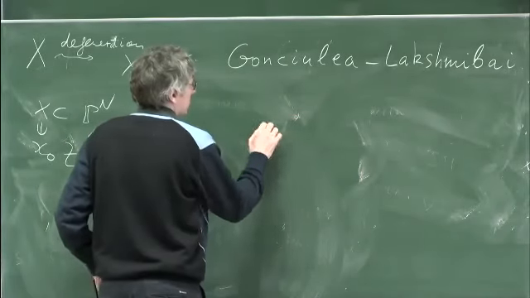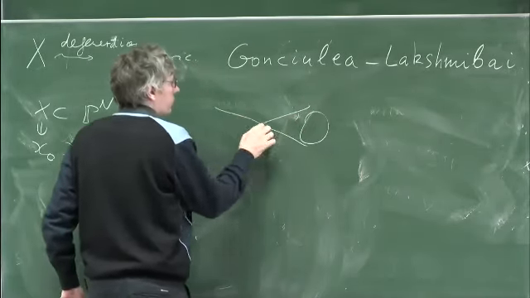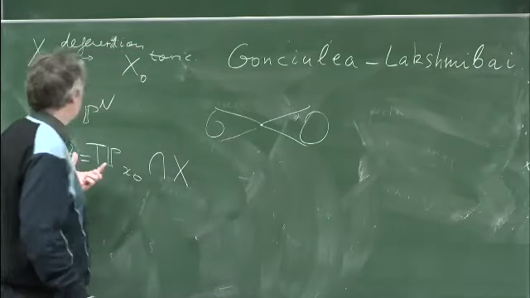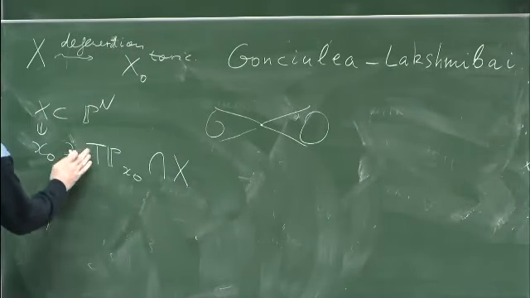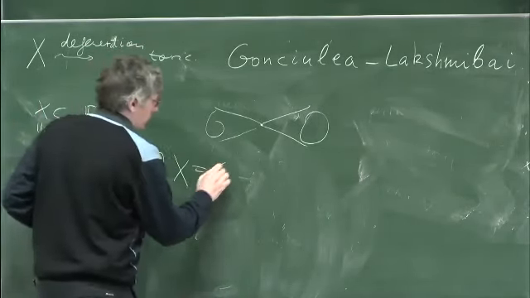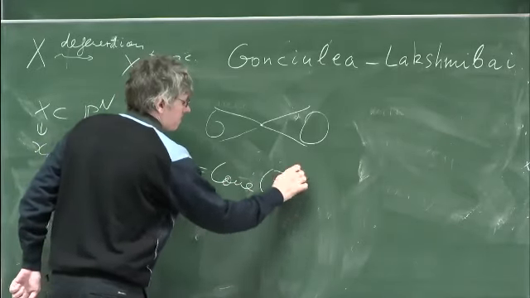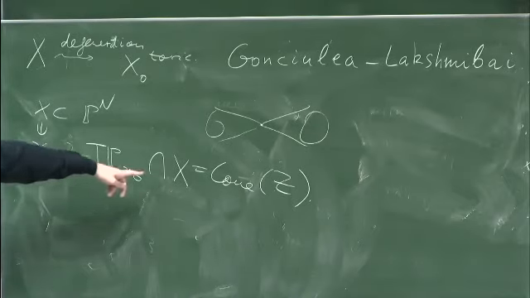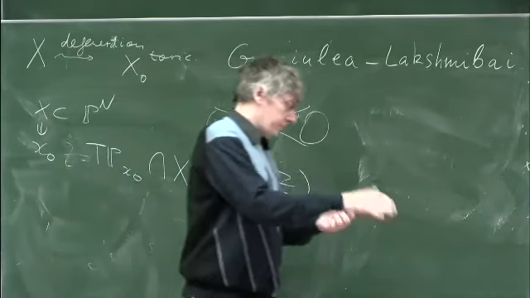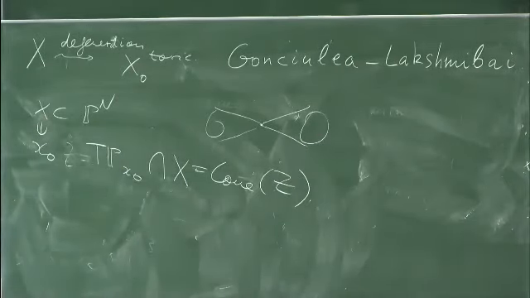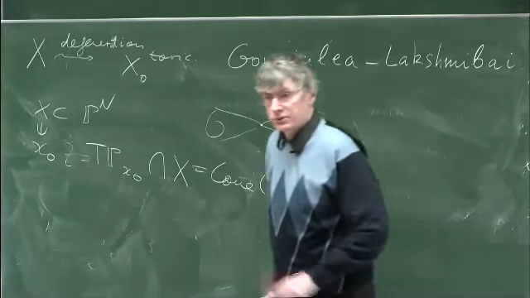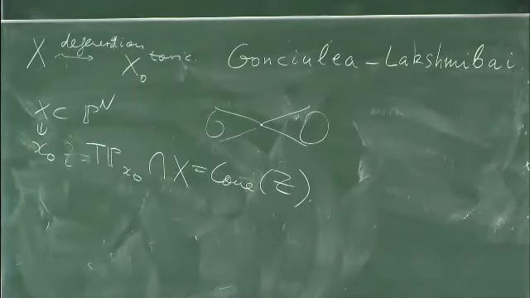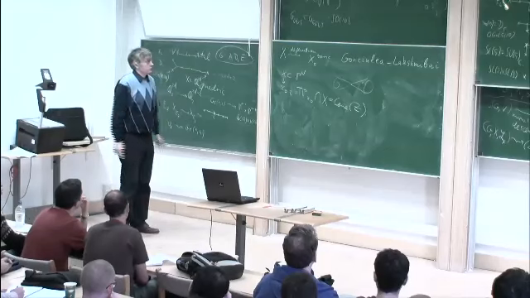So we have our X. Because it's given by quadrics, it's clear that this variety is a cone over Z. I mean, if you have a variety given by quadratic equations, then the intersection of the tangent space with the variety itself is actually a cone, and this is a cone over our variety Z. So geometrically, it's the variety of lines through a given point, the variety of lines on X.